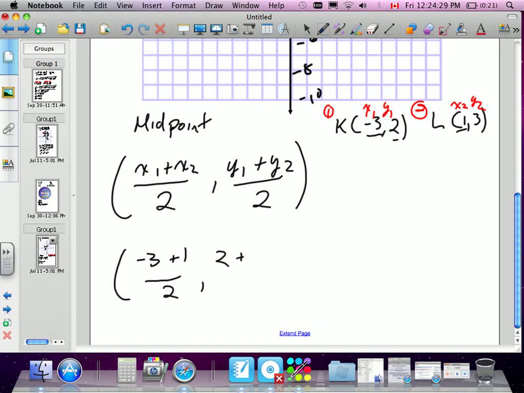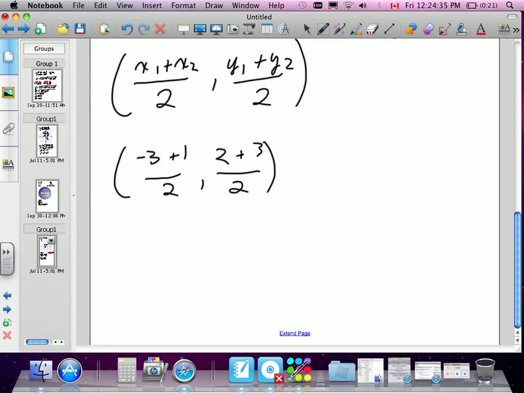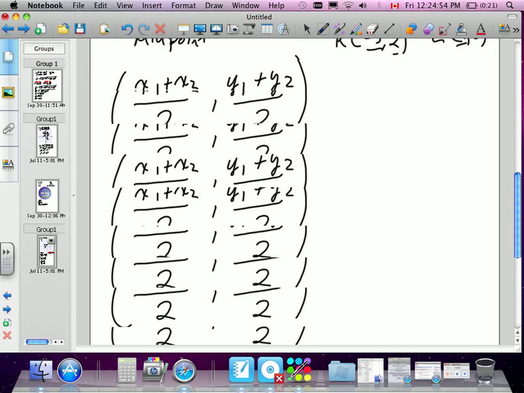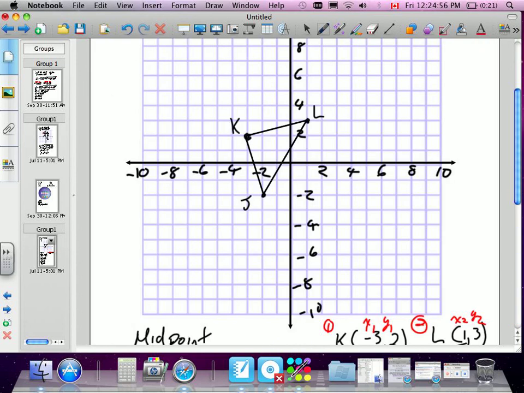We calculate the midpoint. -3 plus 1 is -2 over 2, and 2 plus 3 is 5 over 2, which is 2.5. Or you can leave it as an improper fraction. I would prefer to, personally. But next, now that we have that point, our point is at, what did we say, 1 and 2.5?